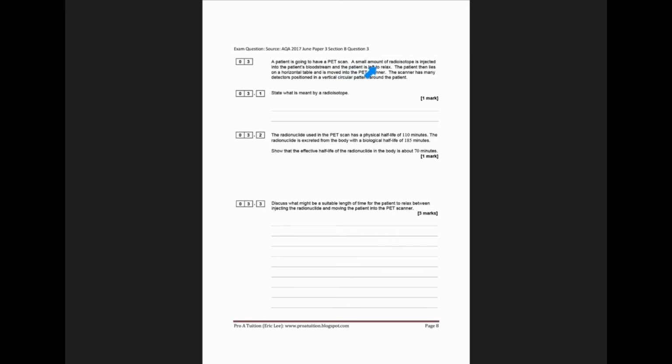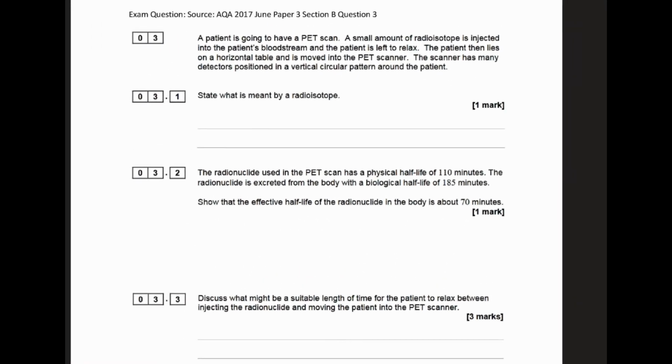A small amount of radioisotope is injected into the patient's bloodstream, and the patient is left to relax. The patient then lies on a horizontal table and is moved into the PET scanner. The scanner has many detectors positioned in a vertical circular pattern around the patient. State what is meant by a radioisotope. Okay, so they want you to define radioisotope.